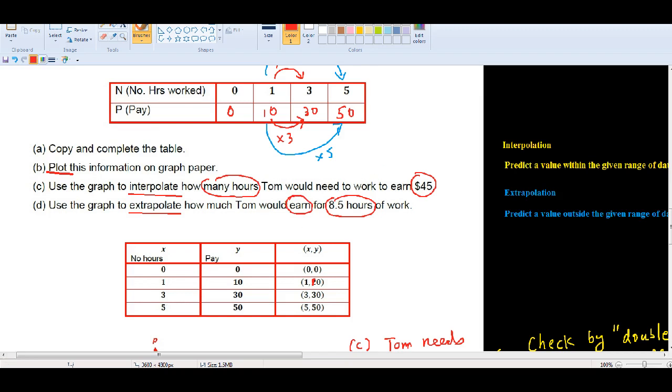The maximum number of hours in our data is 5 hours, but now you're asked to find the earning for 8.5 hours. So it's outside the given range. That's why this case is what we call extrapolation.